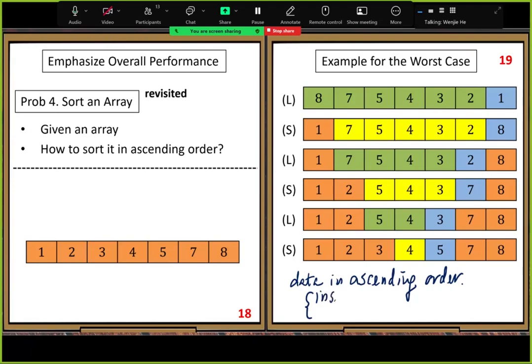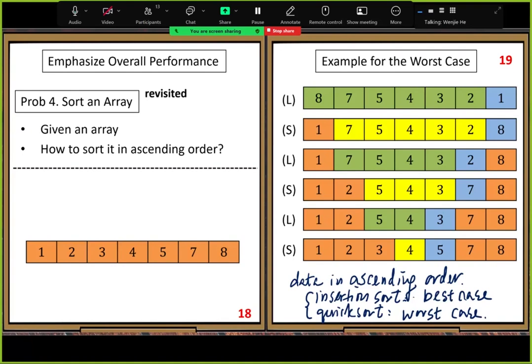For insertion sort, the same ascending order data is the best case, the fastest. But for quicksort, because it corresponds to one of the extremal cases, that's the worst case, not the best case.